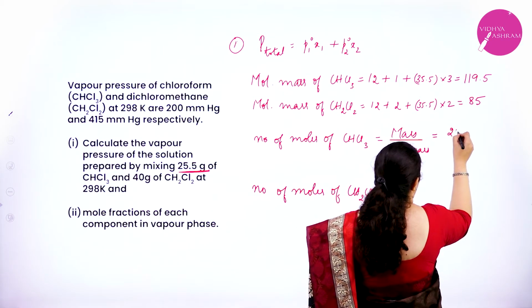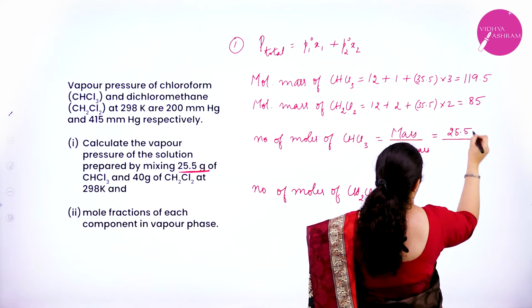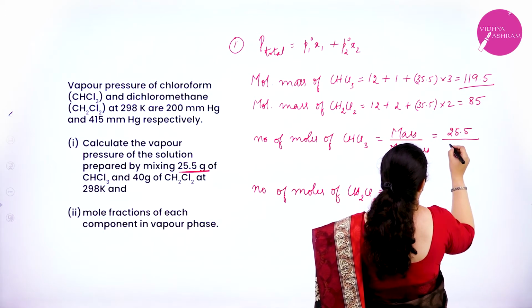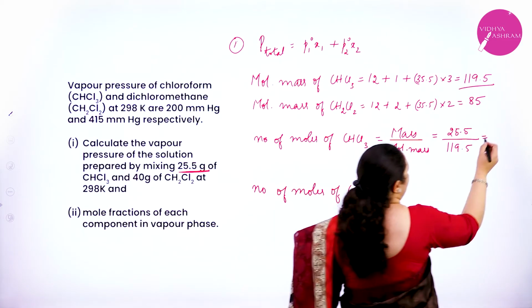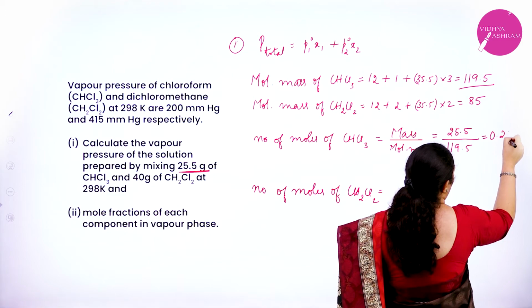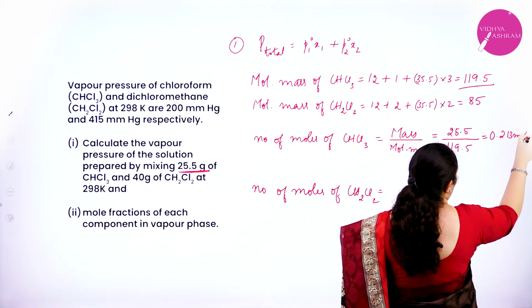So 25.5 divided by the molecular mass 119.5 is equal to 0.213 moles.